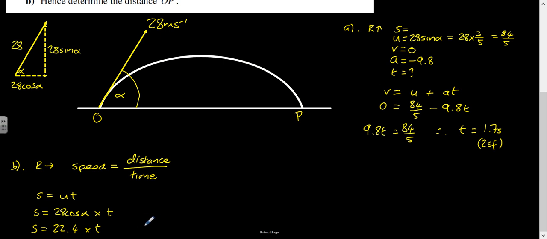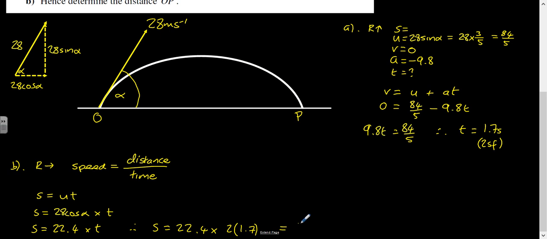So our distance then is just going to be given by 22.4 multiplied by 2 lots of the 1.7 from previously. So we'll keep the 1.7 rounded in our calculator, and we will use that. So we'll multiply by 2, and then we will multiply by 22.4.